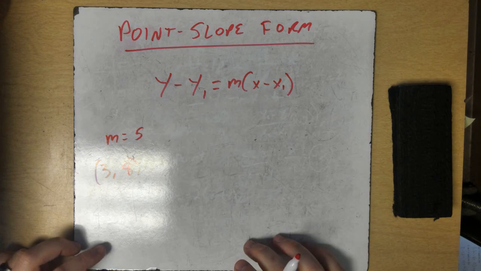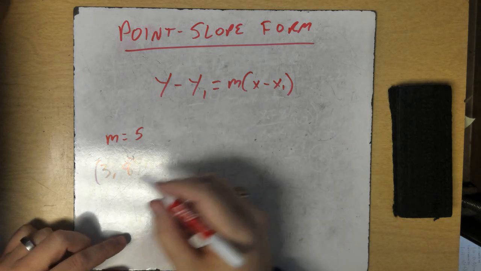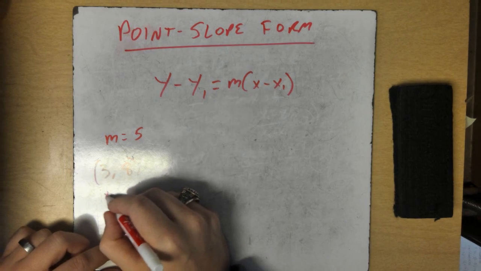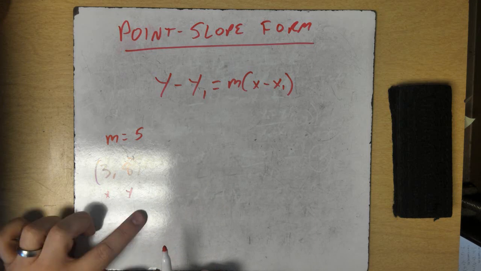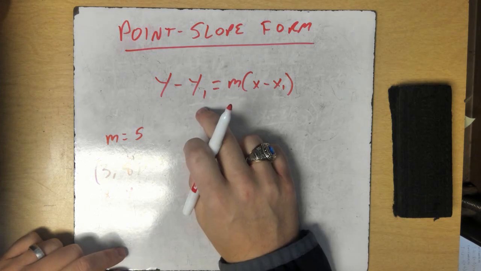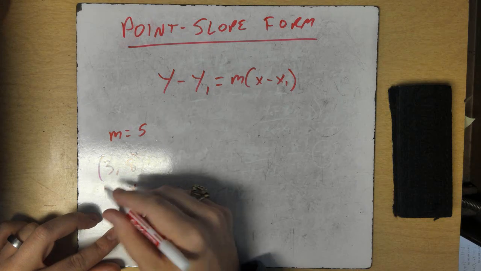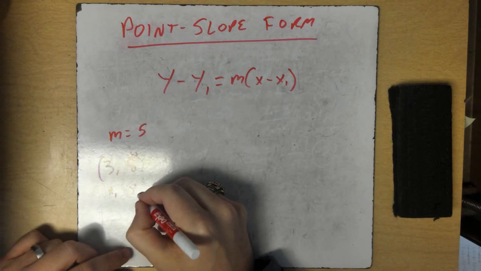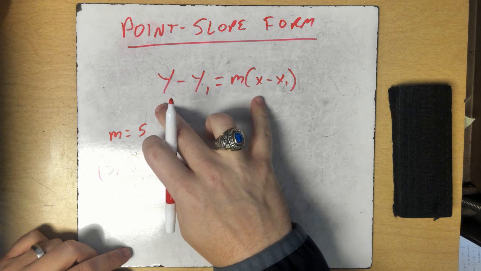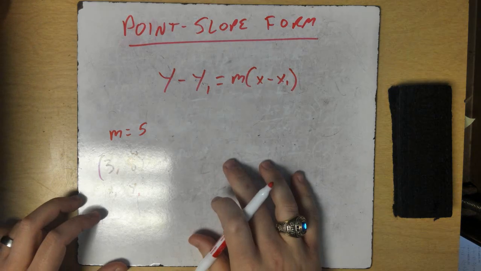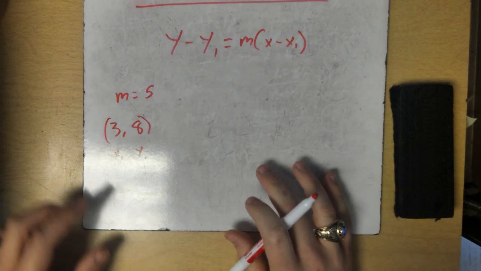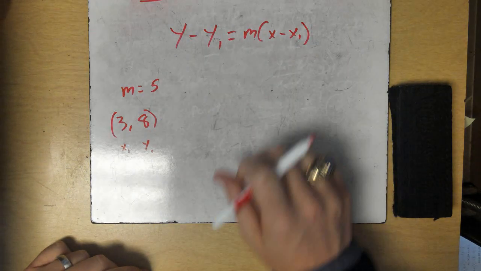If you remember, in our points, x is first, y is second, right? When we plug these into our equation, it's only going to be x1 and y1. We're not worried about the first y and the x here. It's only worried about y1 and x1.